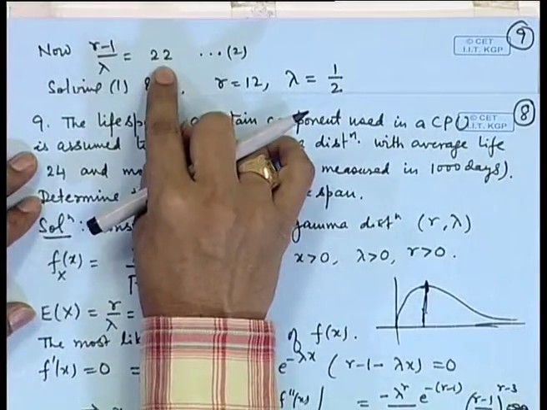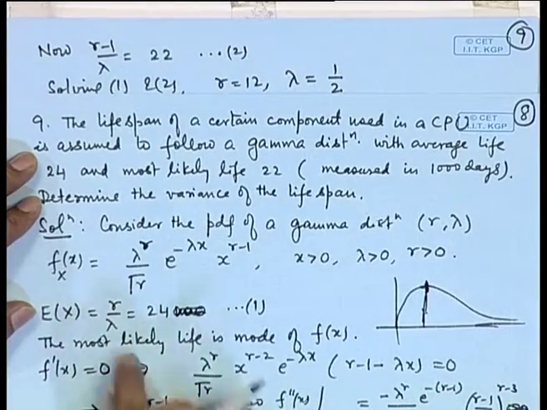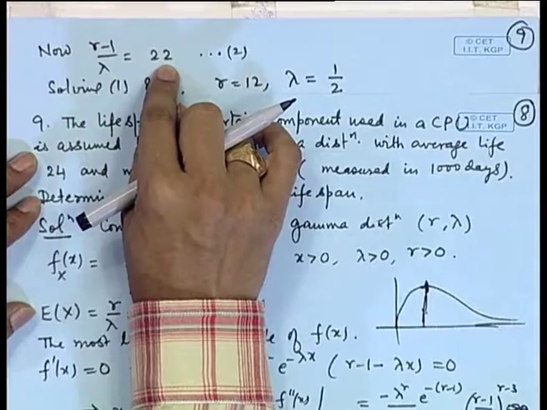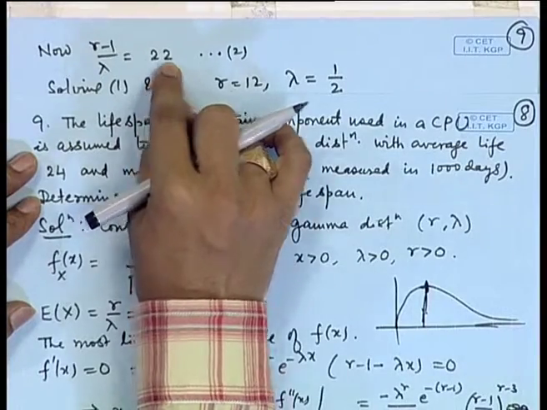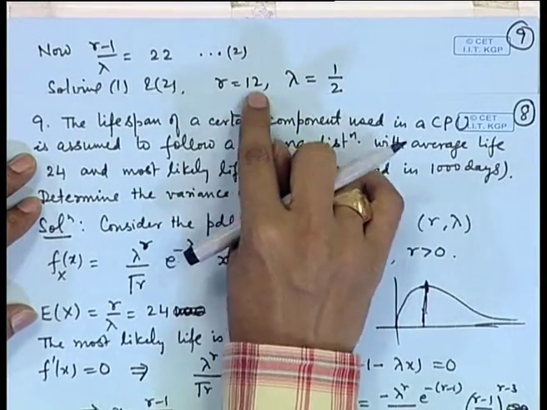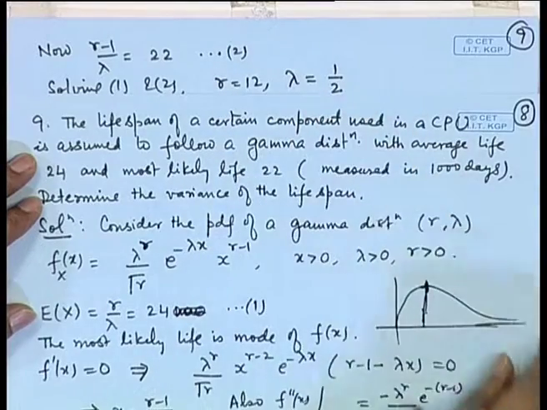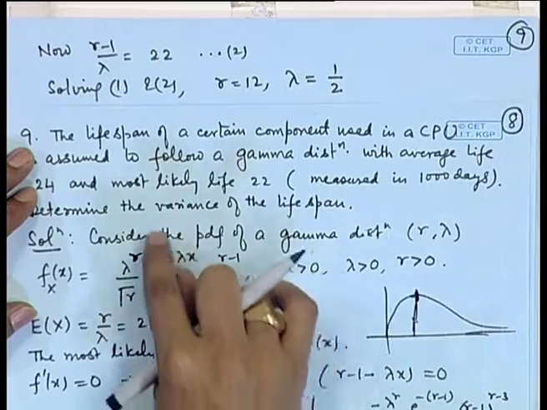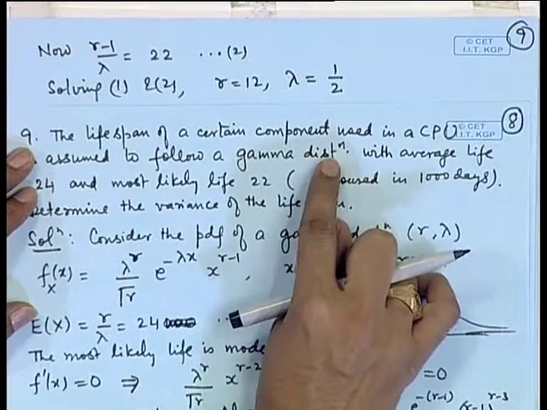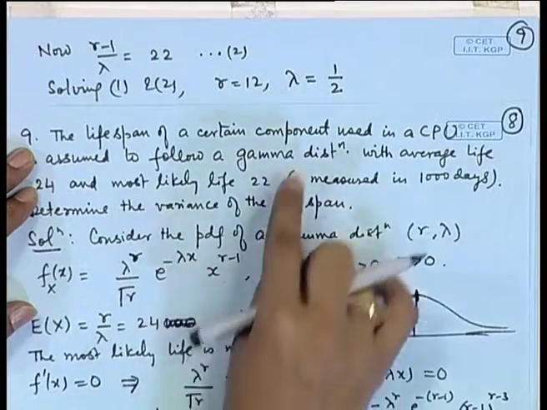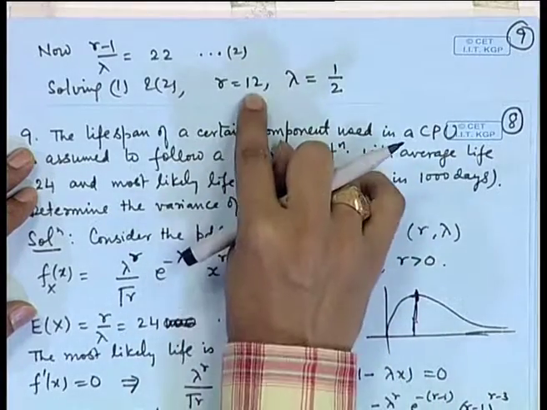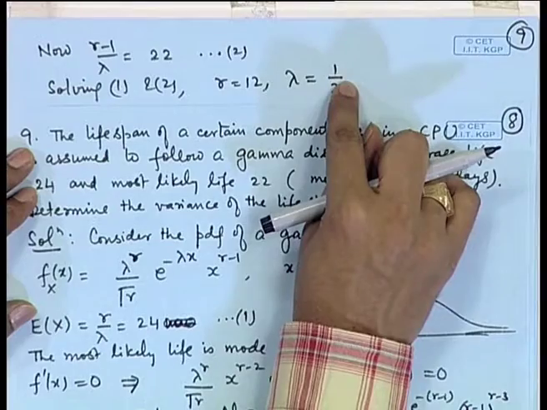So, we have two equations, one is r by lambda is equal to 24 and another is r minus 1 by lambda is equal to 22. So, if we simplify this, we get r is equal to 12 and lambda is equal to half. So, the distribution of the lifespan of a certain component used in CPU is specified as a gamma 12 and half.